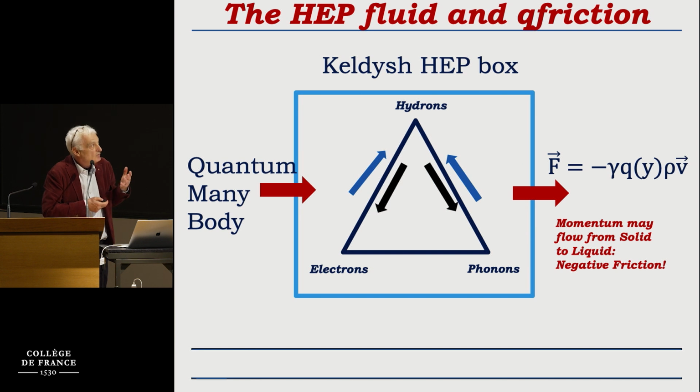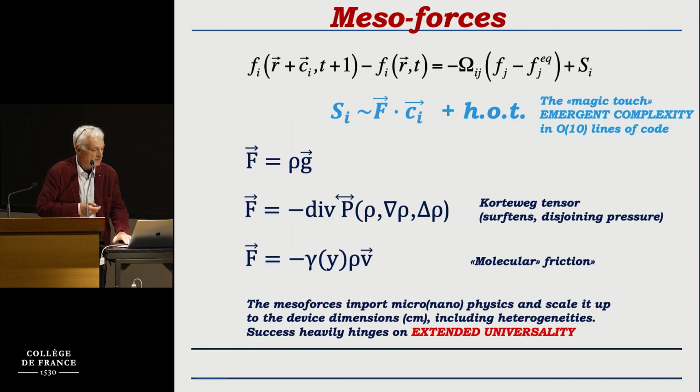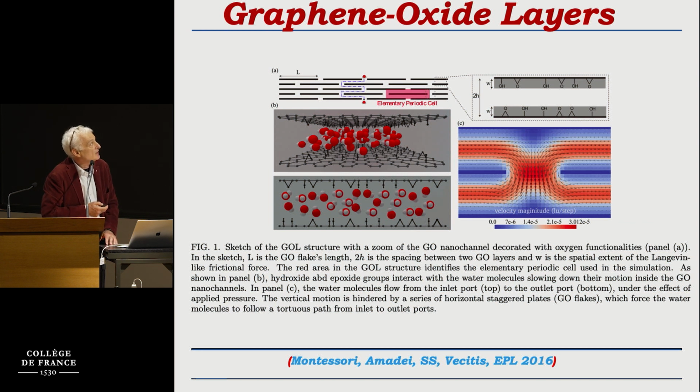And I totally forgot that back then, this I already explained, I should be ashamed. I even signed that paper, but I'm a very ancillary author. The group is Vesitis in Harvard. They had some experiment where they had graphene oxide. You are the expert. Don't ask questions on this, please.